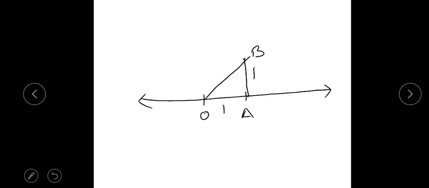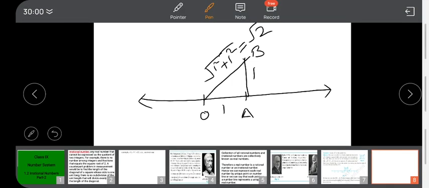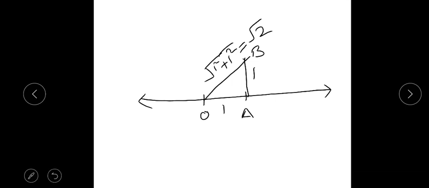So this OB would be under root 1 square plus 1 square, that is equal to under root 2. Taking OB as radius, we will mark an arc which will intersect at point P on the number line, and this point P represents root 2.